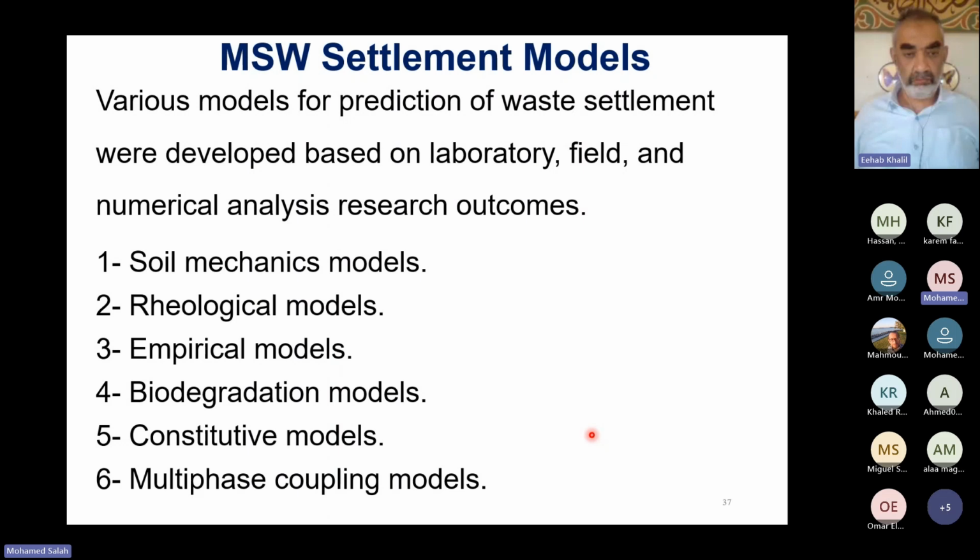I'm saying quickly because there are tons of models and a lot of parameters, but mainly we need to see the different methods used to predict the waste settlement. There was different research done over this topic, and the models are called soil mechanics models, rheological models, empirical models, biodegradation models, constitutive models, and multi-phase coupling models.